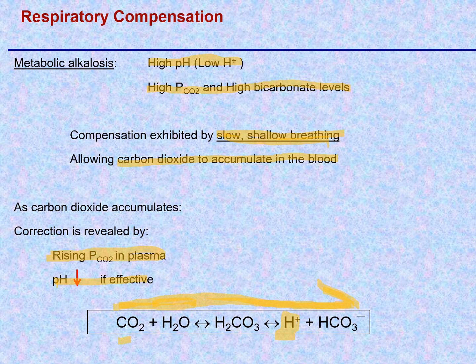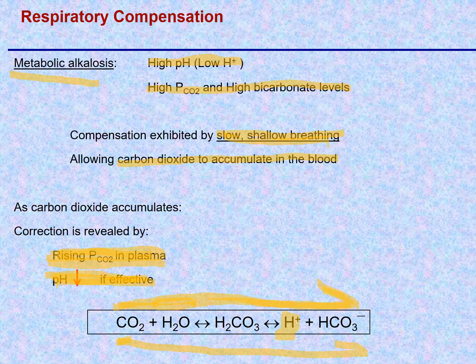So for metabolic alkalosis, the person breathes shallow and slow, is accumulating more CO2 in their blood plasma, and there's a rising CO2, and the reaction goes from left to right, and you get a drop. If it's working to correct this, then the pH will drop.